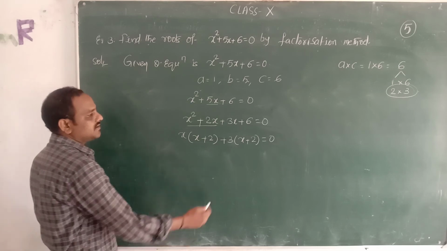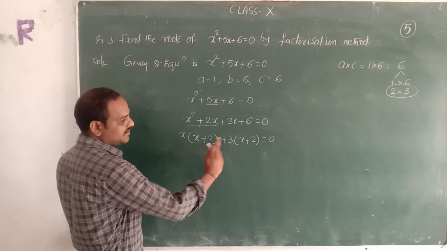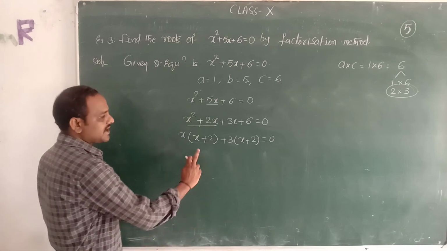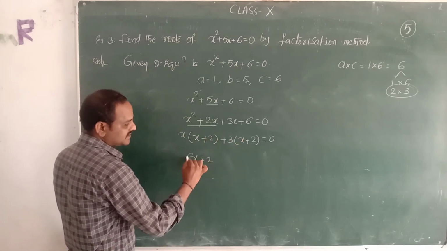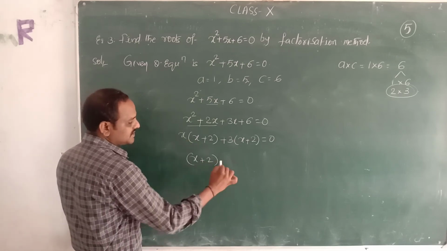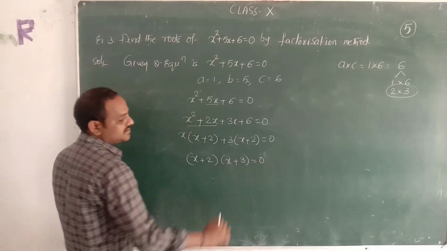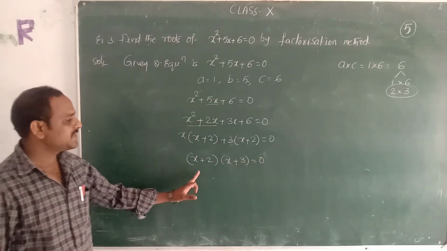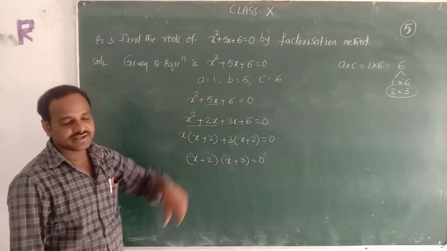So these 4 terms become 2 terms. From these 2 terms, which one is common again? x plus 2 is common. By taking x plus 2 as common, the remaining terms are x and plus 3, is equal to 0. So x plus 2 and x plus 3, these two are the factors of the given quadratic equation.